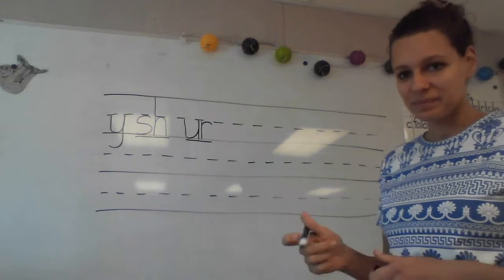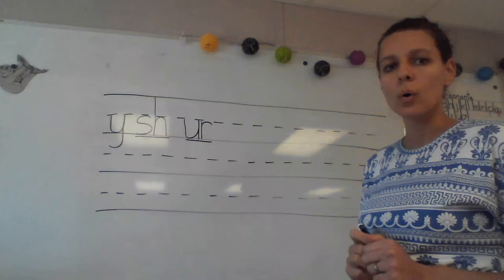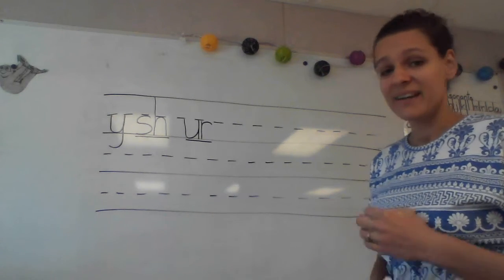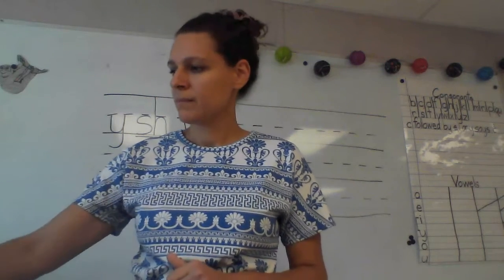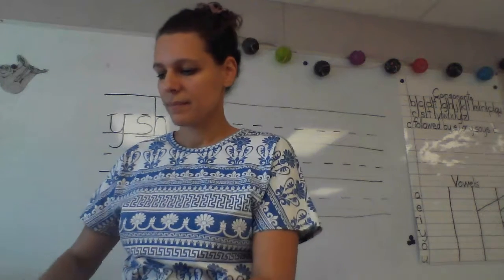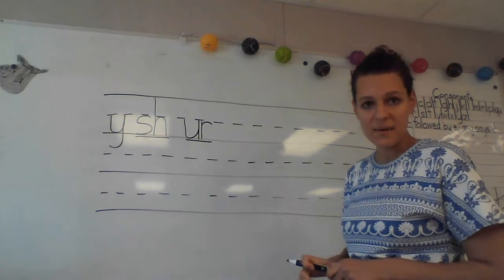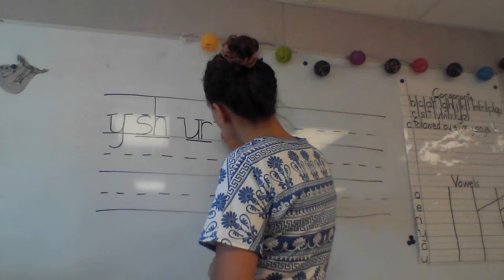All right. The next phonogram is or. What are you going to write? Good. Write it and say it while you write it. All right, this is our or.